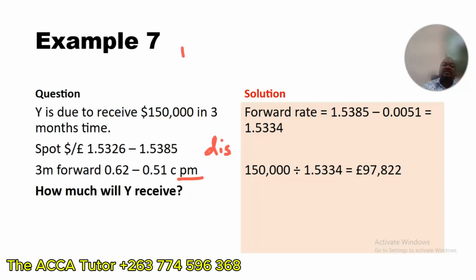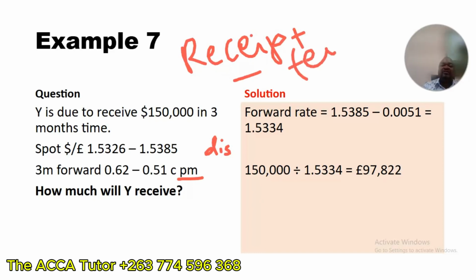Now, this is a receipt, and our position is to receive few pounds. After converting the dollars into pounds, we have to receive very, very little pounds. That's the rule book.